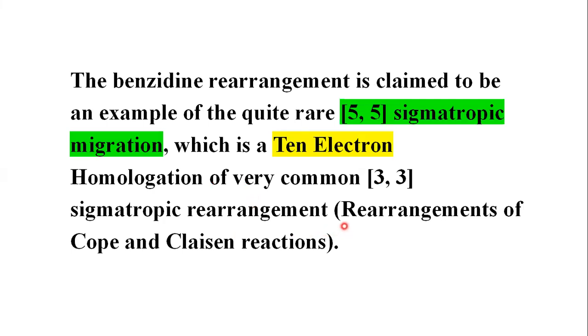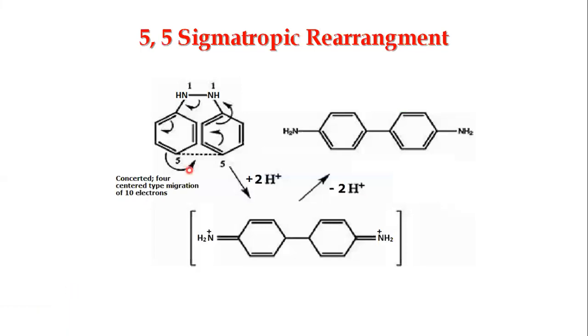We can see examples of such rearrangements like 3-3, the Cope and the Claisen rearrangements. You can see here the 5-5 sigmatropic rearrangement for the rearrangement of the benzidine.